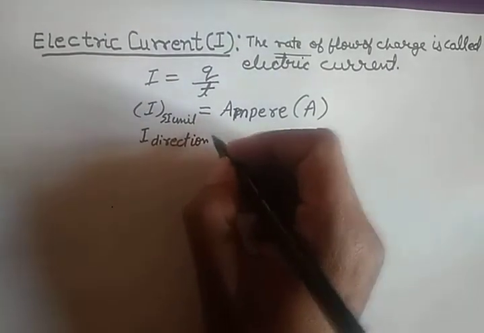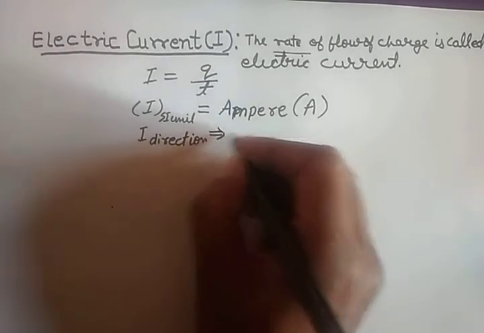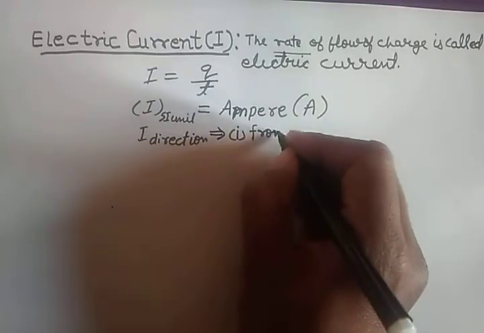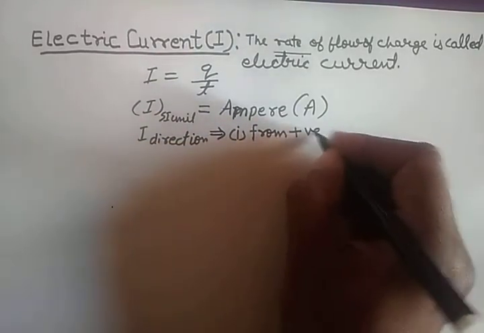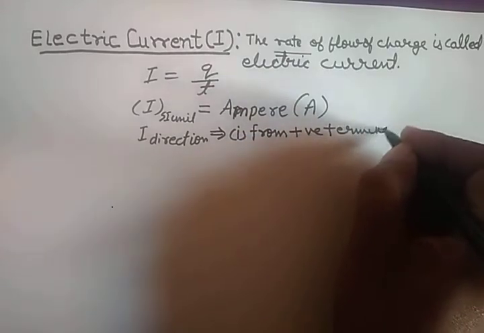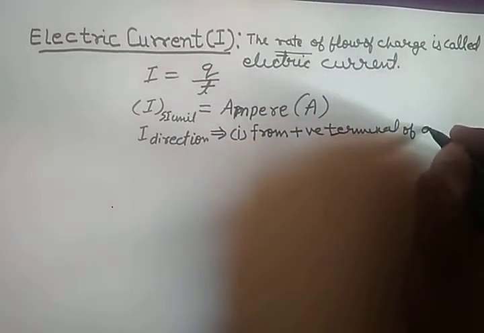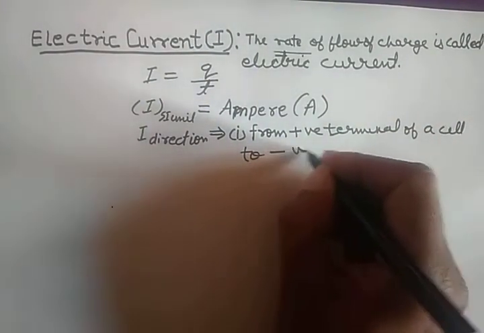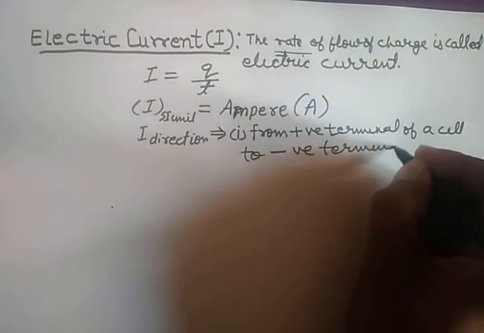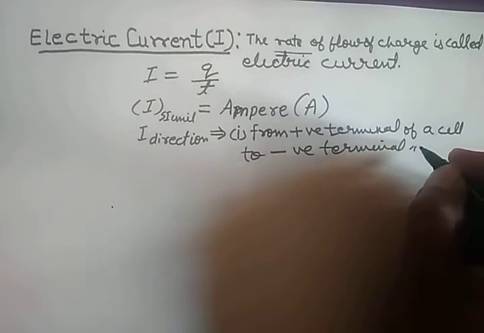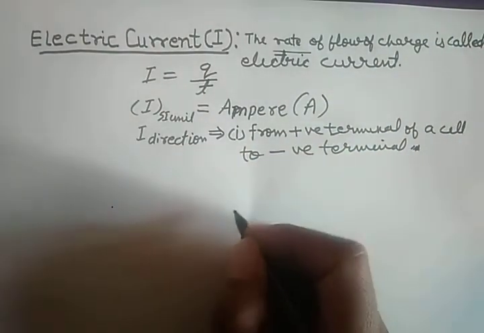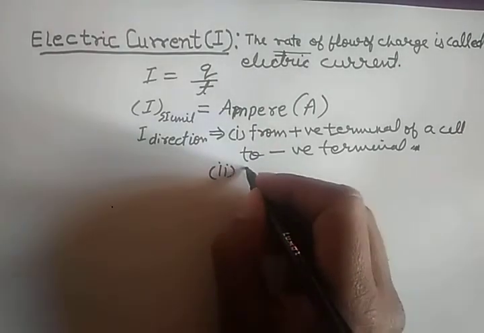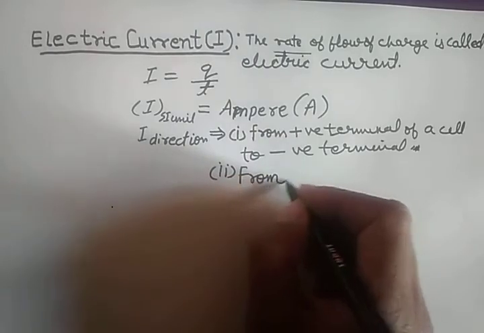Its direction can be assigned as follows. Number one, from the positive terminal of a cell or battery to the negative terminal. Second, its direction can also be defined as from higher potential to lower potential.